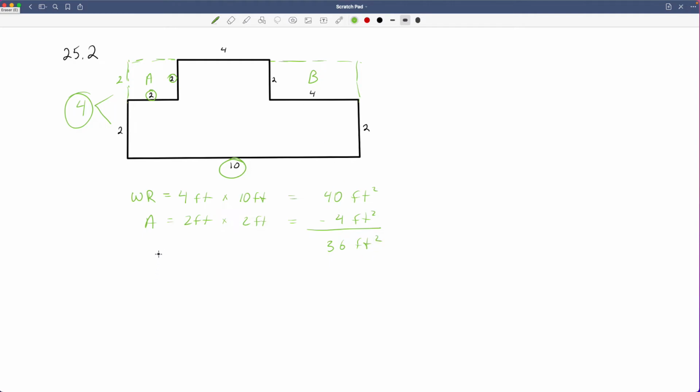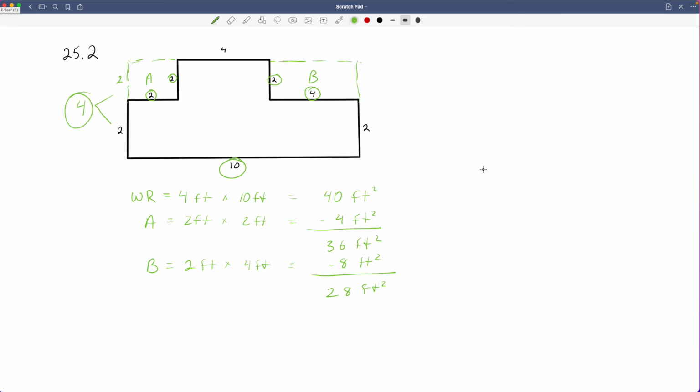Now we're going to get B. B, it seems, is 2 by 4. So 2 feet times 4 feet is equal to 8 square feet. We subtract that, and that leaves us 28 square feet as our area for this big shape.